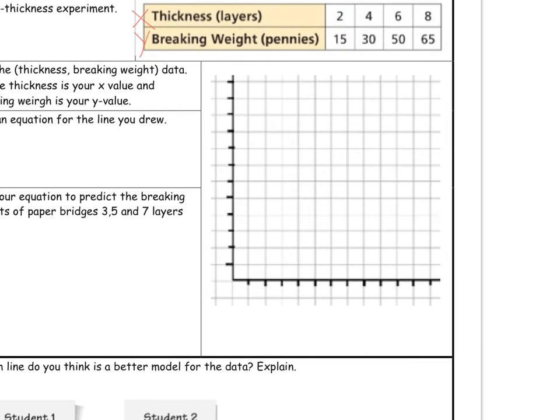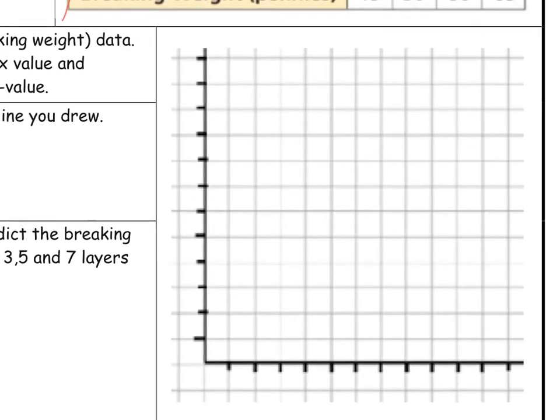So first, let's start off by labeling our x and our y axes. And again, keep in mind, x is our thickness in layers, and y is our breaking weight in pennies. And you should always make sure that you label your units. So this y-axis is going to be our breaking weight.